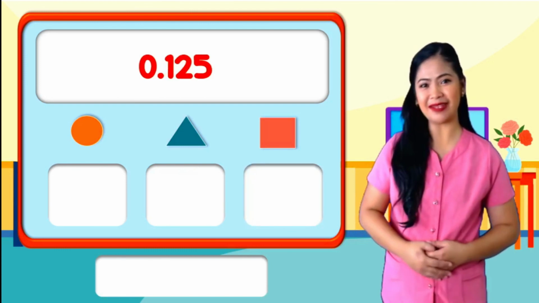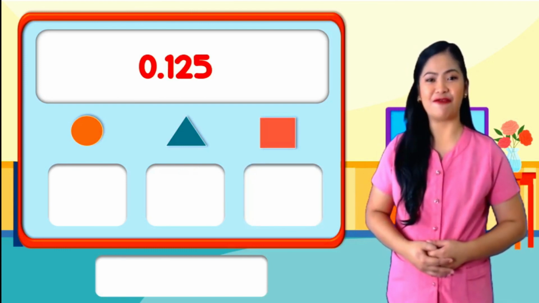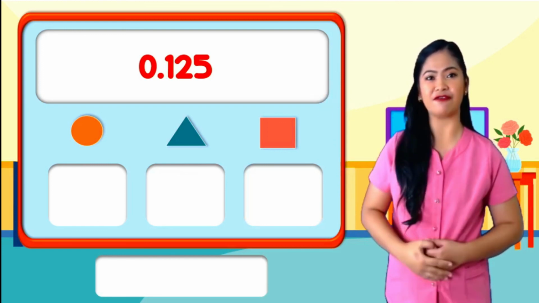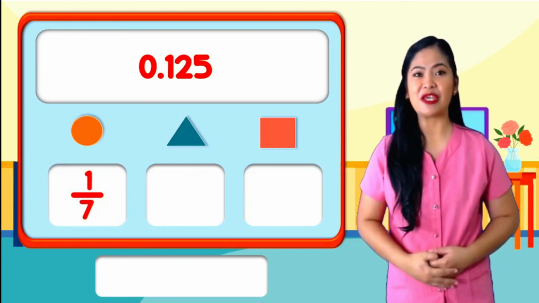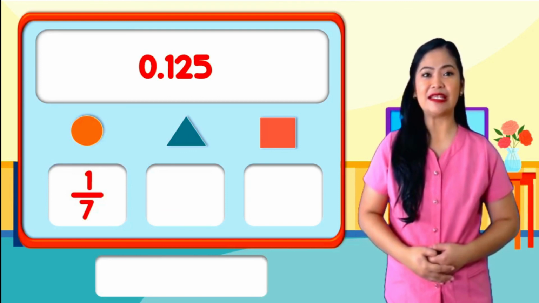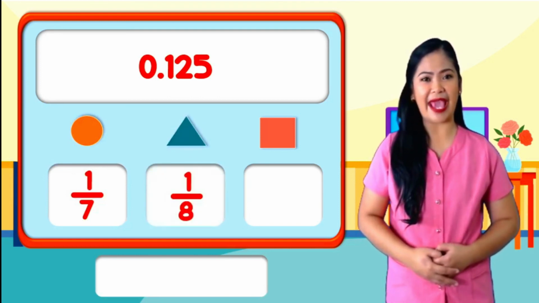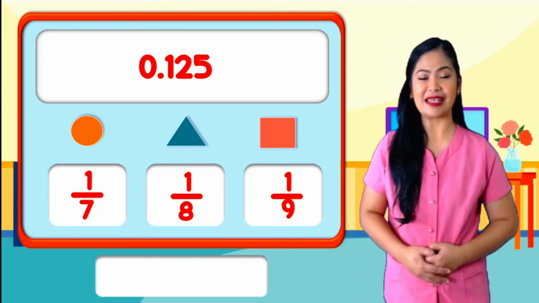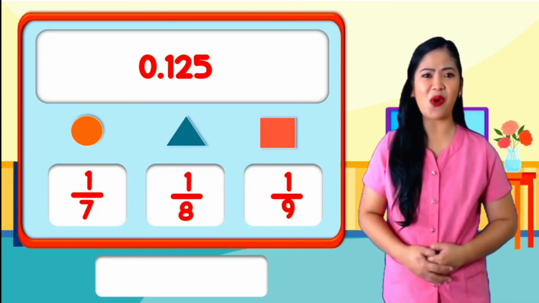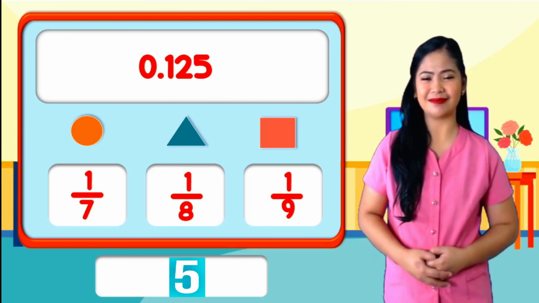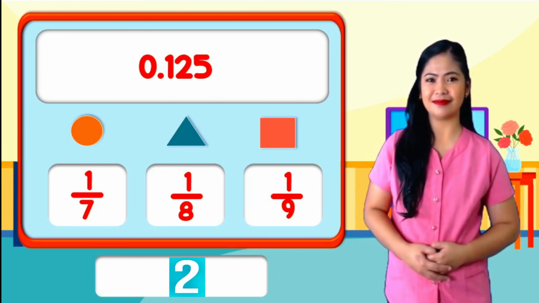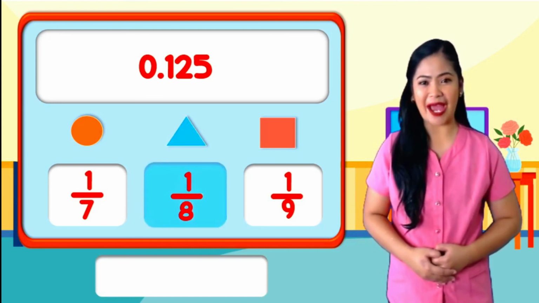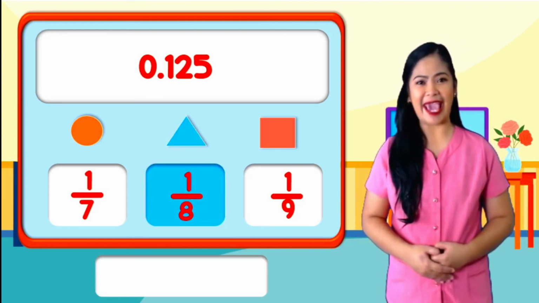For the last one, what is the fraction form of 0.125? For circle, you have 1/7. Triangle, 1/8. Square, 1/9. Is it circle, triangle, or square? The correct answer is triangle, 1/8.